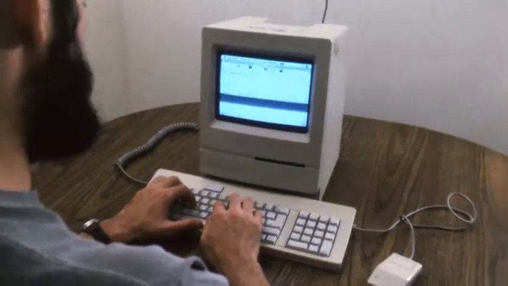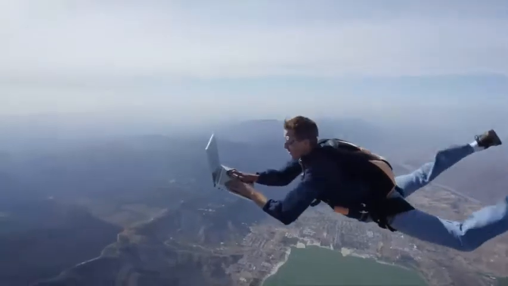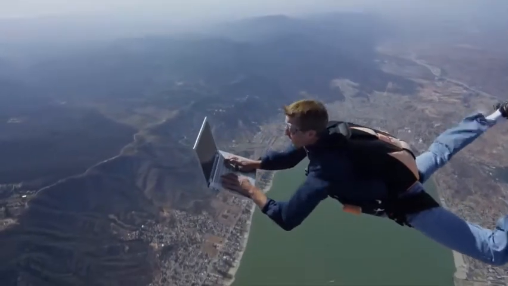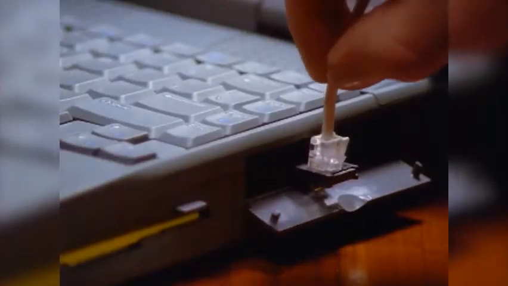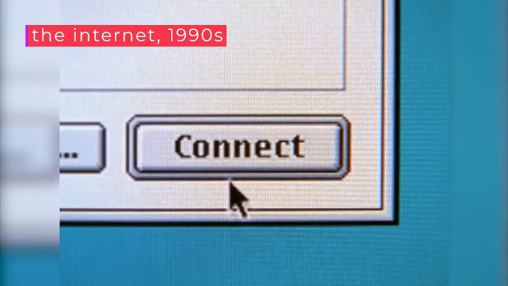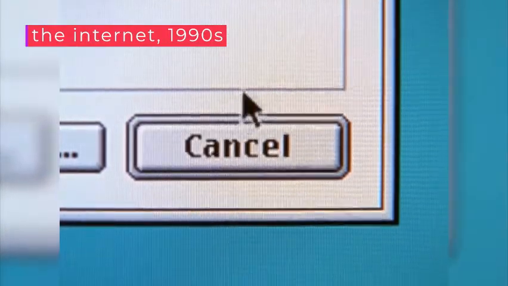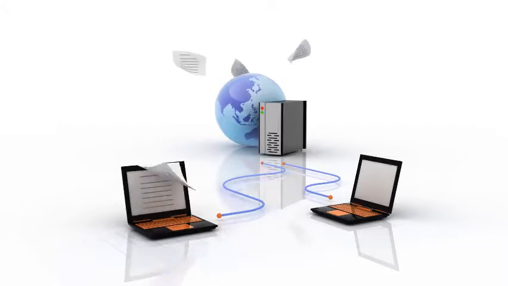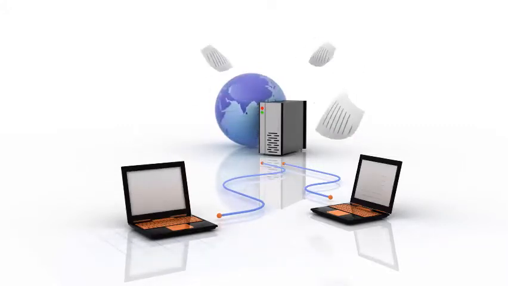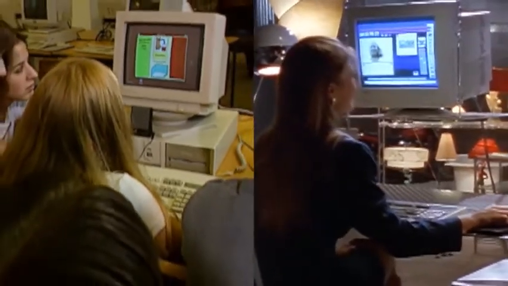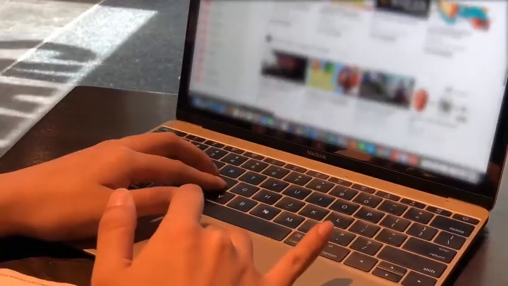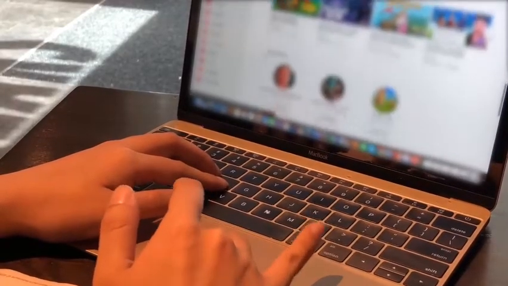Computers got smaller and faster and light enough to carry around. In the 1990s, the Internet and computer networking made computers really powerful. The rest is history.